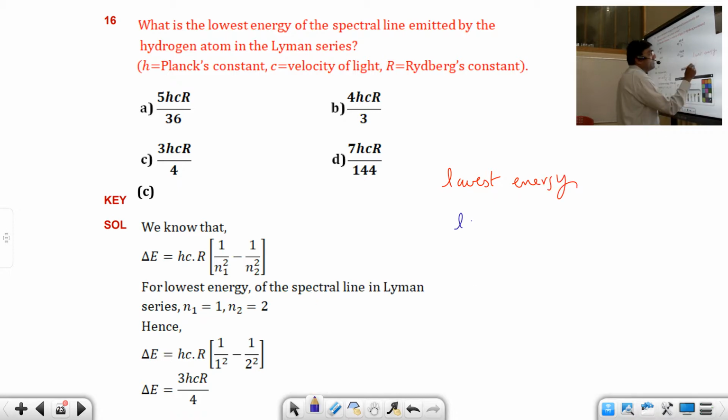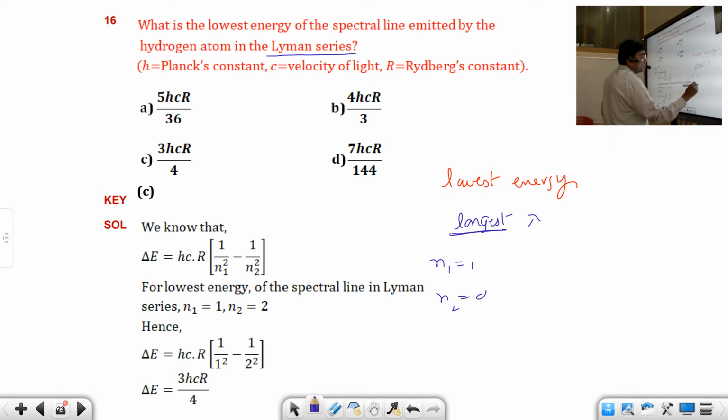Lowest energy means longest wavelength, longest lambda. Let us find out in which case it is. So he has not given the case, it is given Lyman series. Lyman series is n1 is equal to 1, n2 will be longest. Longest means n2 will be 2. So problem is solved.